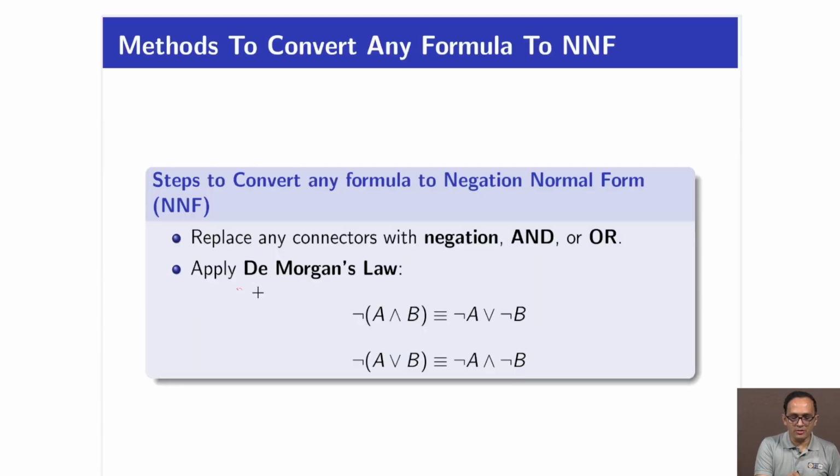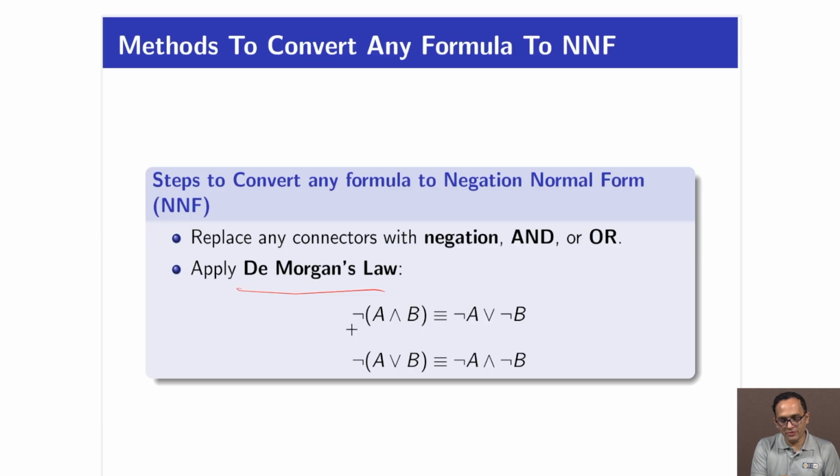Now the question is how do you convert any formula into NNF? It is quite simple. If your formula has operators other than AND, OR and negation, such as implication or XOR, you convert them with the equivalent expression, right, and then you simply apply De Morgan's law, right. So what is De Morgan's law?